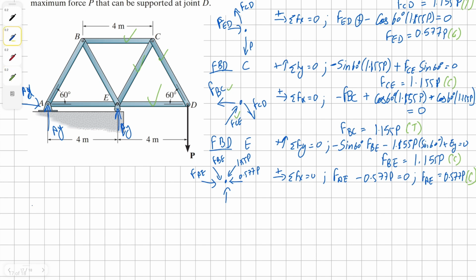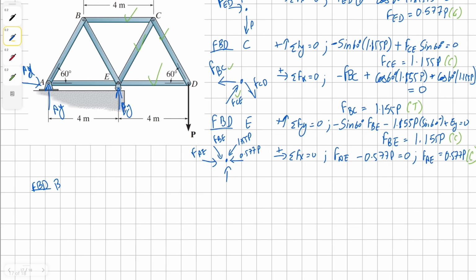Now let's go to joint B. We're going to have force BE, force BC, and an unknown force from member AB. Let's sum in vertical direction because it's the easiest of horizontal and vertical.